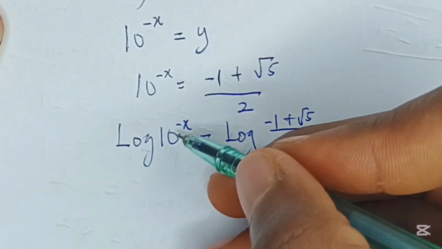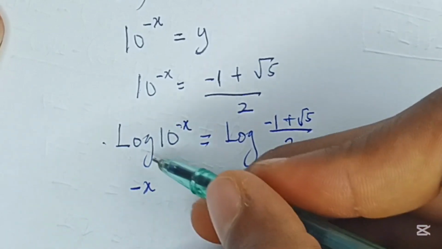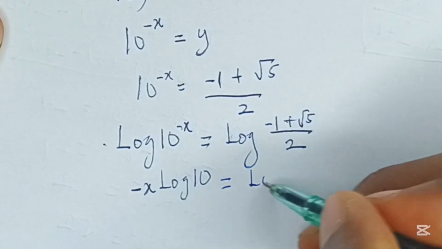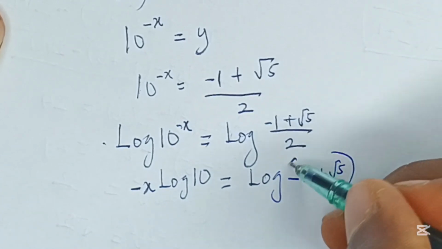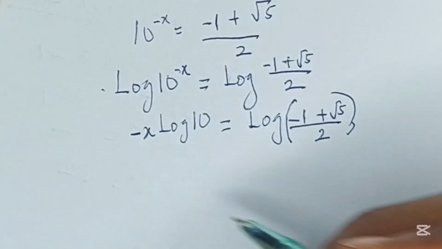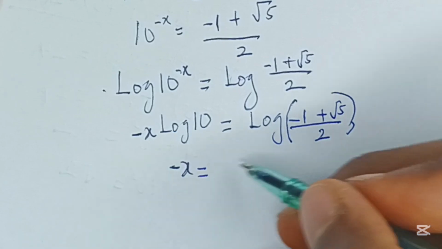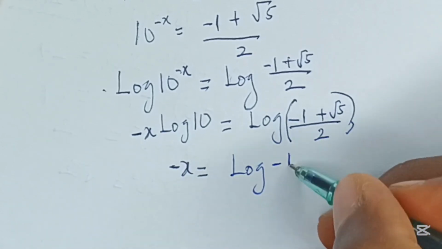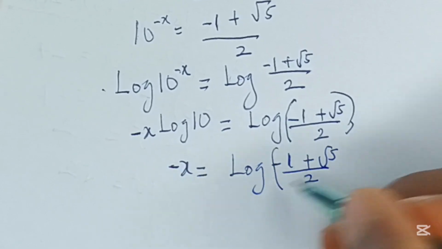We're going to have this will now multiply this log, so we have minus x times log 10 to be equal to log of minus 1 plus root 5 all over 2. From here, we now have that minus x will be equal to, because log of 10 in base 10 is 1, log of minus 1 plus root 5 all over 2, okay?